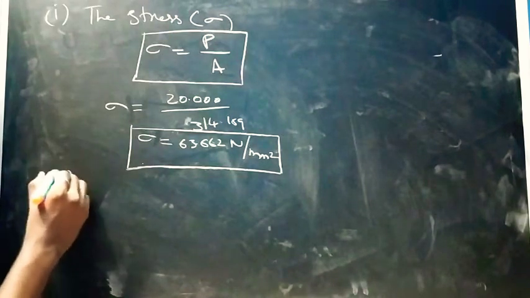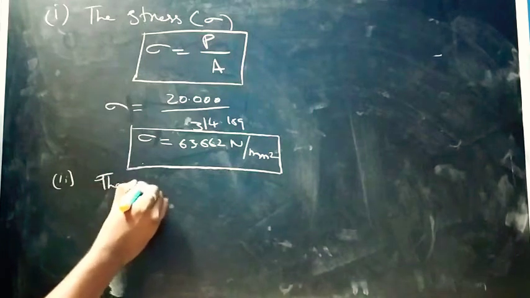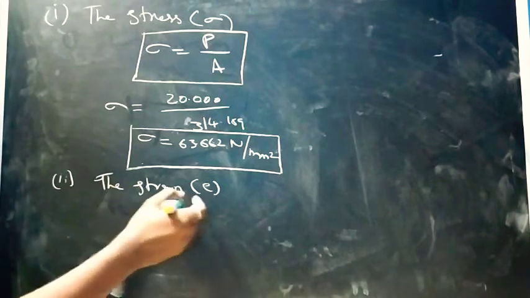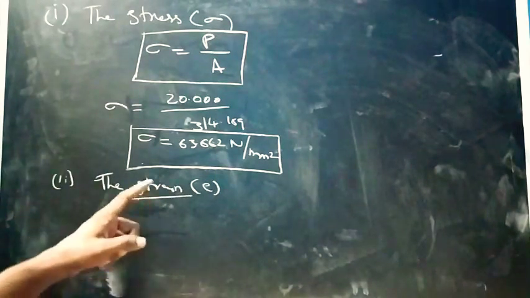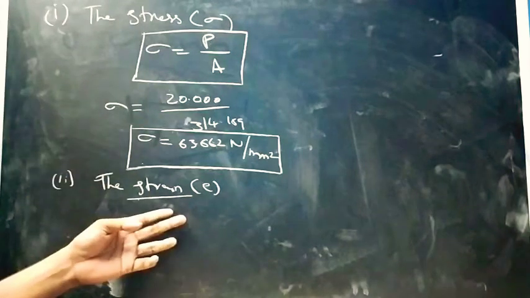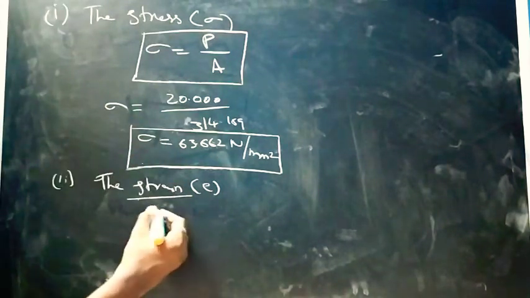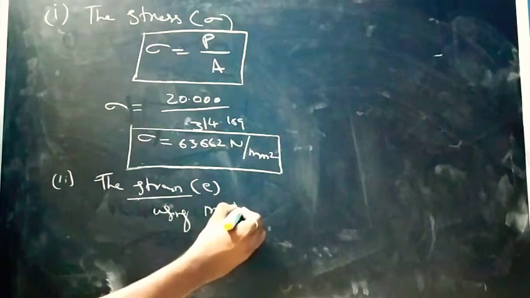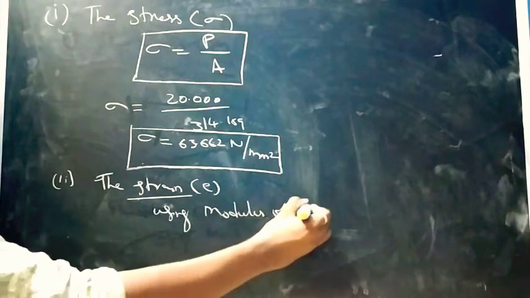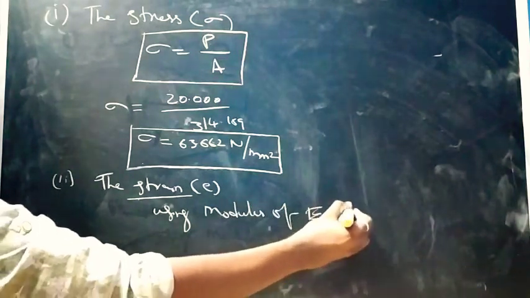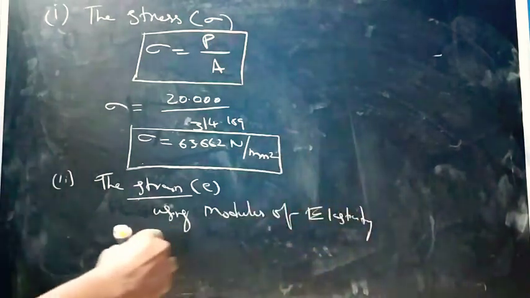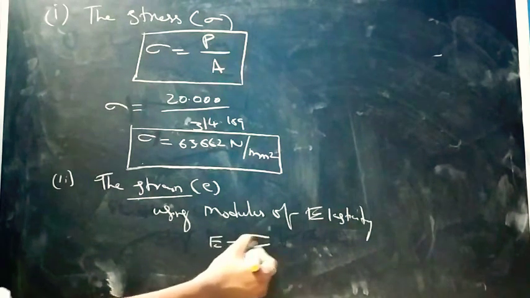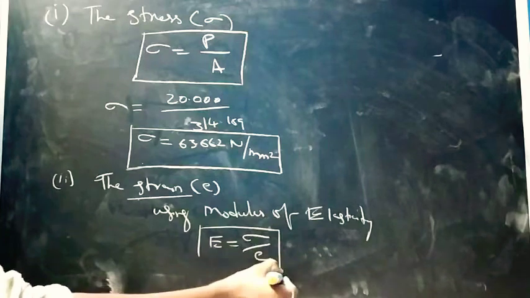Now we'll find strain, epsilon. To find the strain, I will take the formula of Young's modulus, modulus of elasticity. We know that E equals sigma upon epsilon, that is strain.